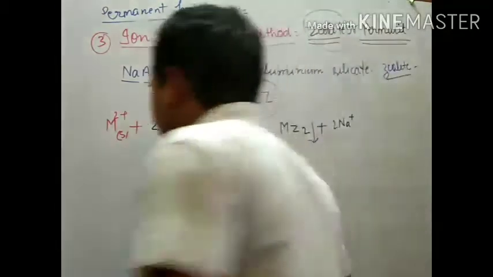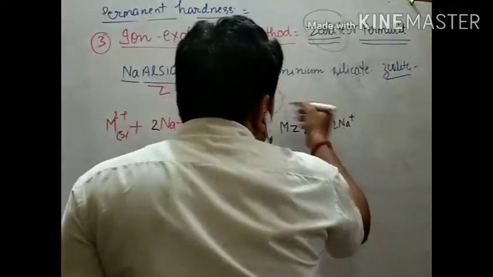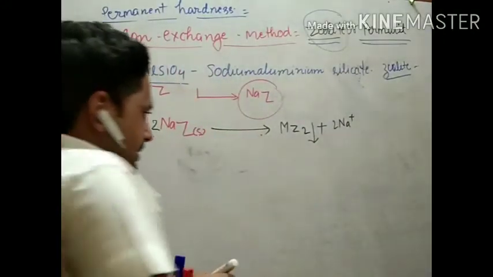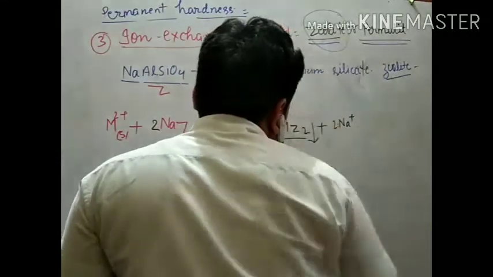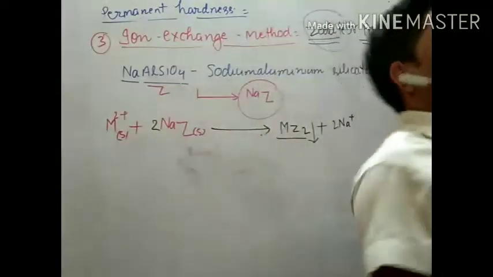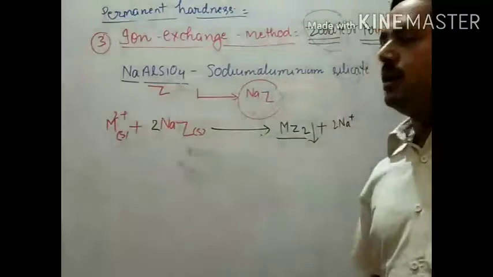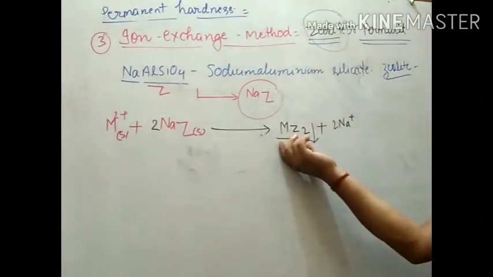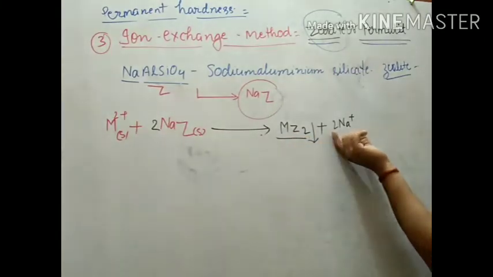So when the water is filtered, these insoluble impurities remain on the filter paper, and hard water changes into soft water. When NaZ reacts with calcium or magnesium ion, it forms insoluble impurities and sodium ions.